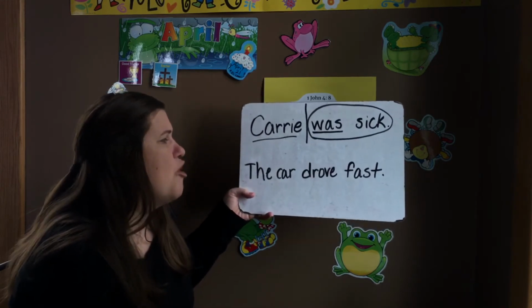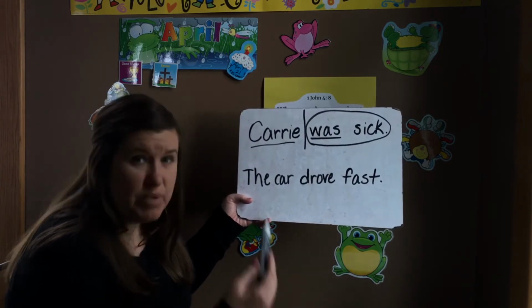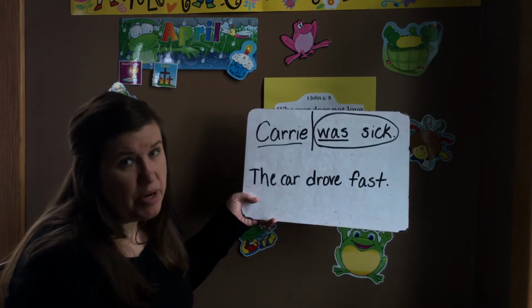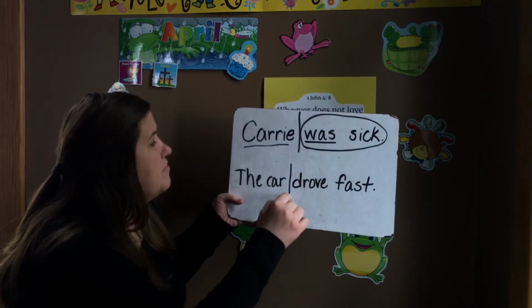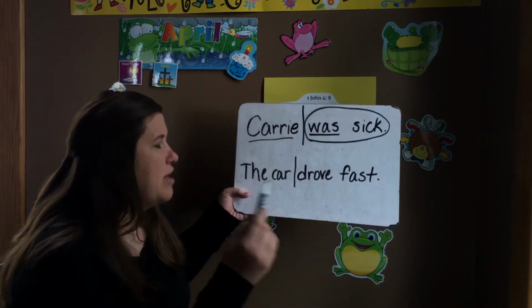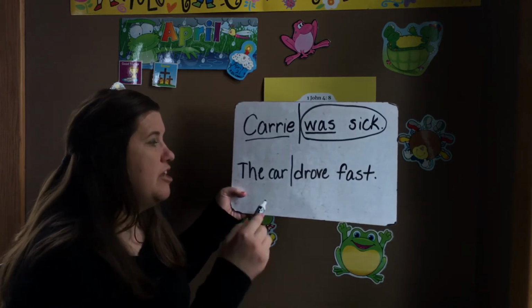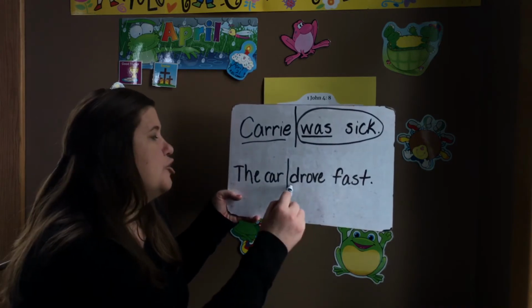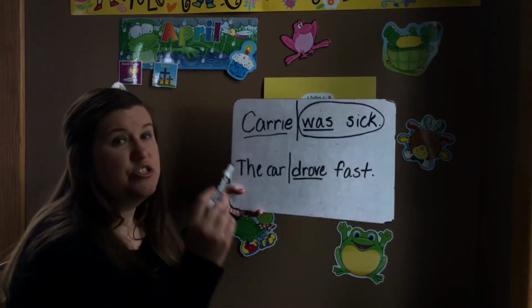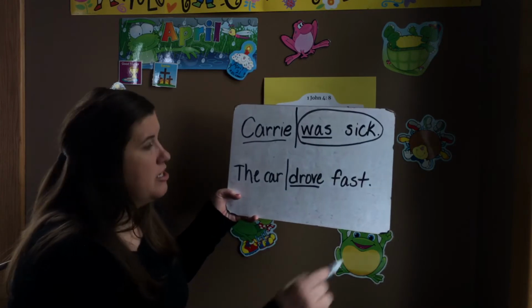The car drove fast. Split that between the subject part and the predicate part. You're going to find the verb and split it. And then my direction that I'm making up in my head is underline the verb. Drove. Circle the predicate part.